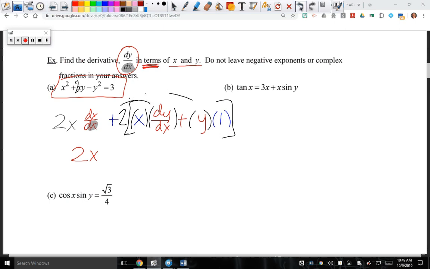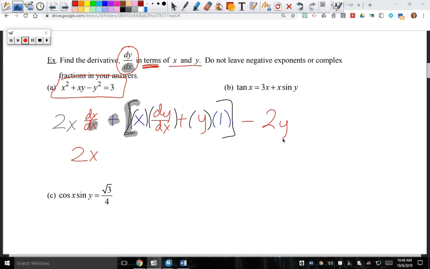What if you had a negative? You would have to distribute the negative on both. So even though we don't necessarily need it for this one because it's just a positive 1, still get in the habit of using those brackets. Okay? Nice job, Kevin. All right, so Saeed, what would the derivative of the next one be?